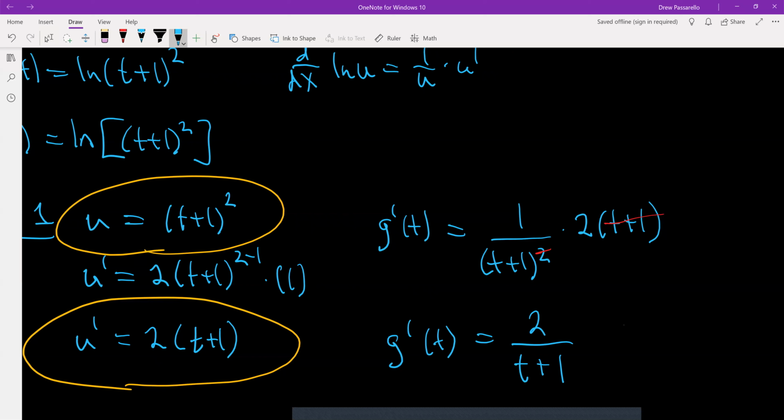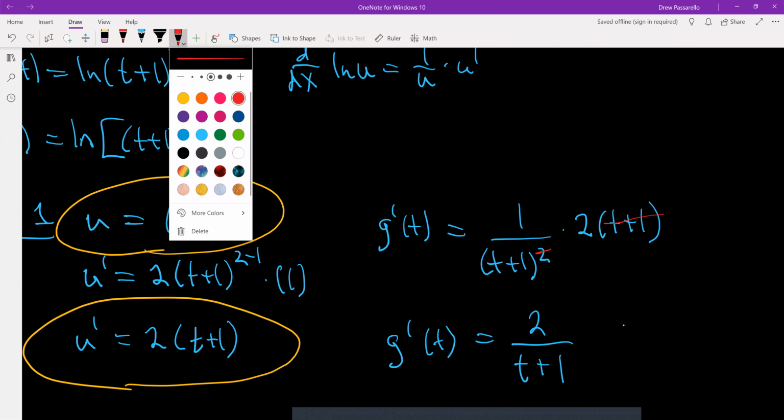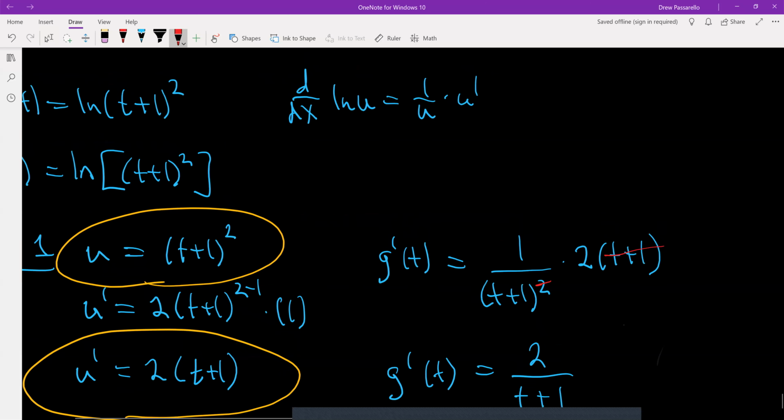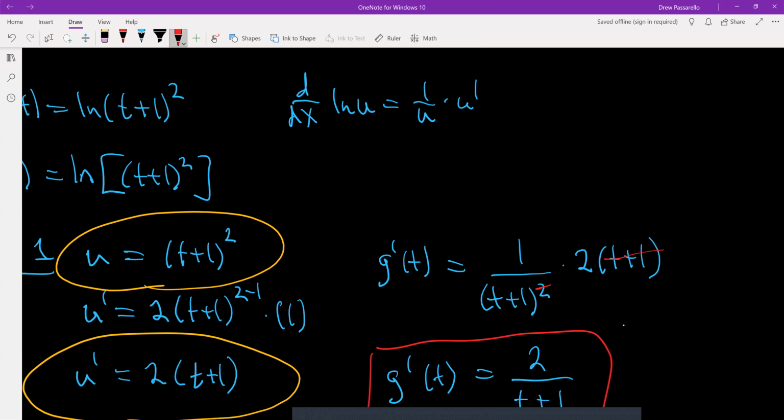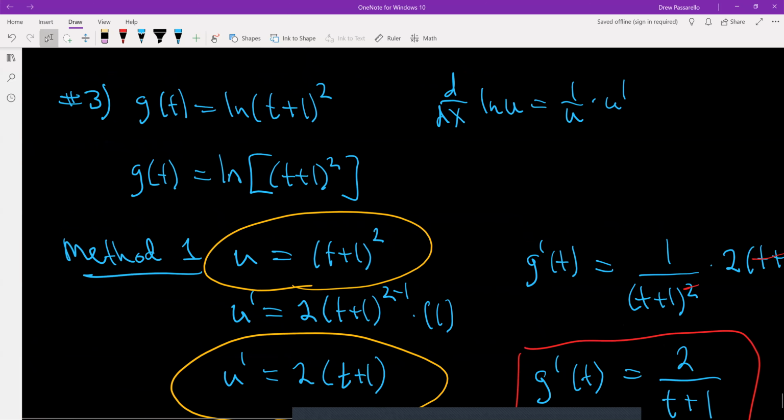All right, and that's going to be the answer. That's directly jumping into using that derivative rule, just letting u be that t plus 1 squared thing, and I would rewrite it so that it's more obvious that the natural log applies to the whole thing of t plus 1 squared, whereas it's not doing the natural log of t plus 1 and then squaring it.